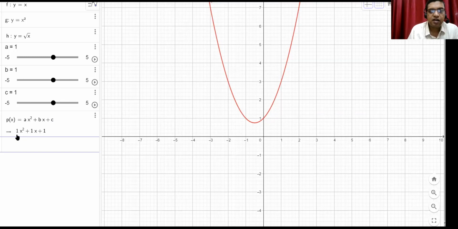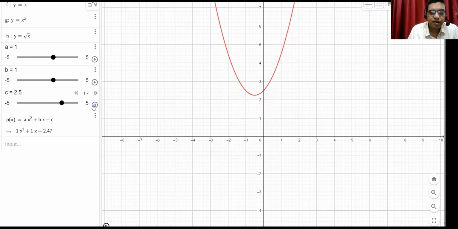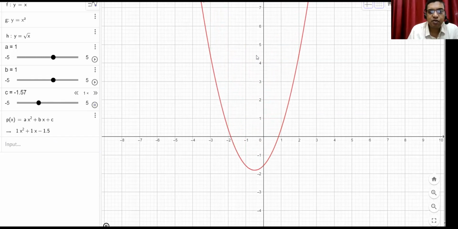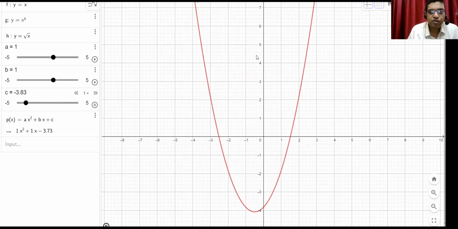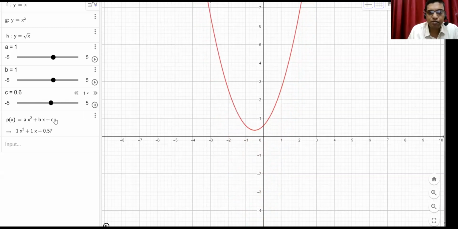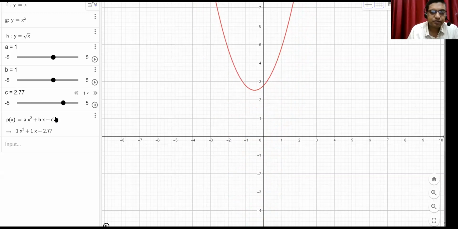Right now this is giving a as 1, b as 1, c as 1. I am just changing c. As c becomes greater, the graph moves up. As c goes negative, the graph goes down. So what is c doing? It is just increasing the function value. Got it?